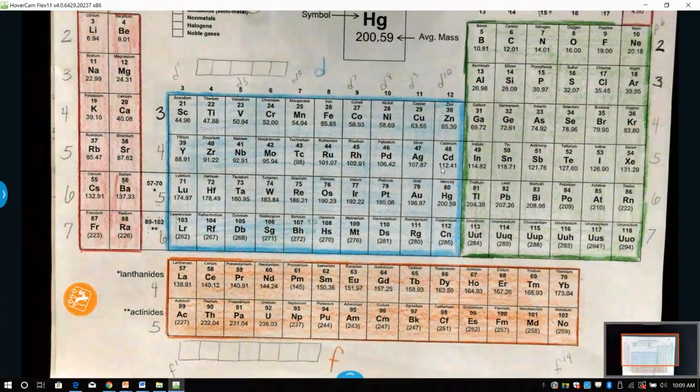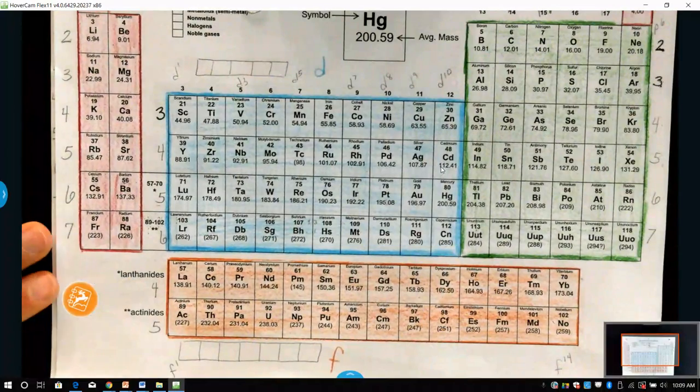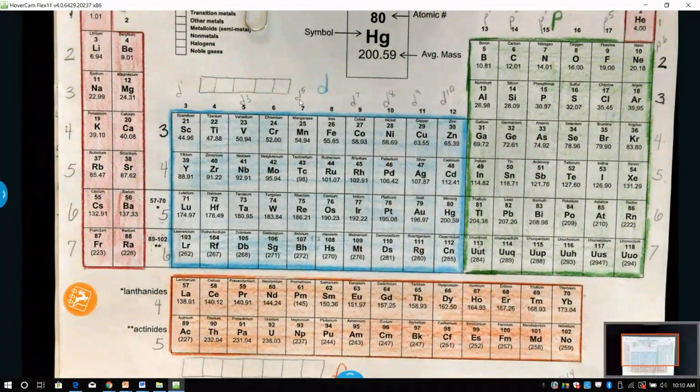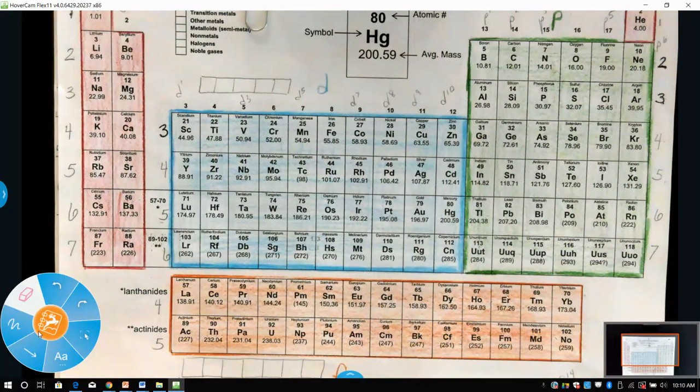Number 21 says, what is the noble gas configuration or shorthand notation for argon? And I had some people just write argon in the square bracket. Not a bad idea, but it has to be the noble gas that comes before it.